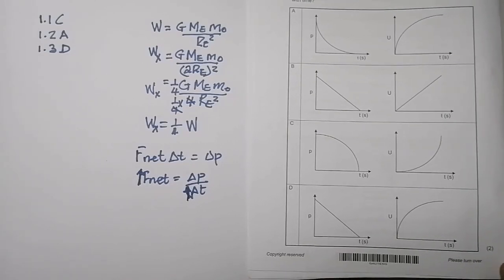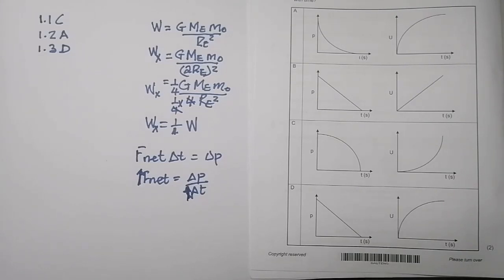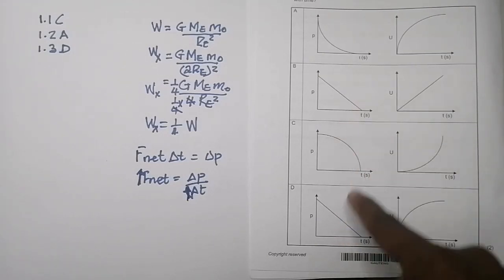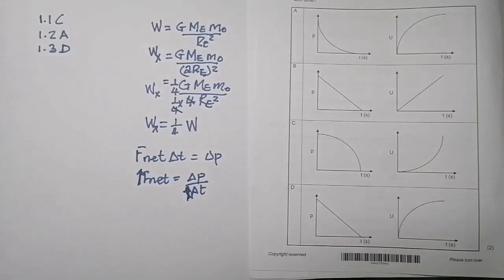So I'm going to say there's a constant change in velocity. Now, if you think about it, acceleration is constant, so what that means is that there's a constant change in velocity. When I look at the graph that shows me a constant change in velocity, or change in momentum, I'd say the two options are between B and D.